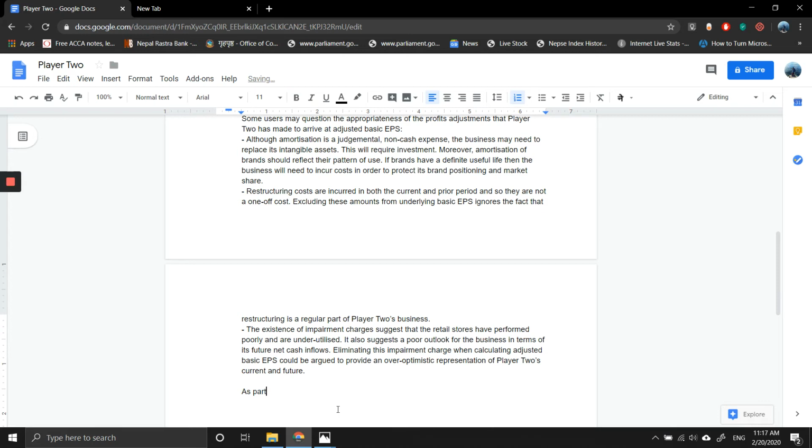As part of the principles of disclosure project, the International Accounting Standards Board is proposing to offer guidance on the calculation and preparation of APMs.